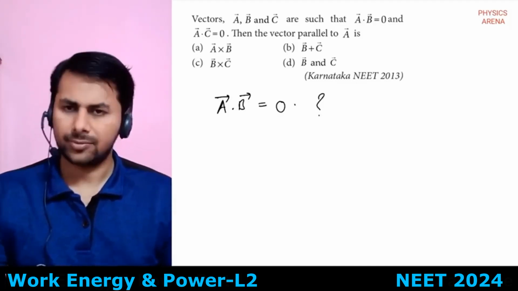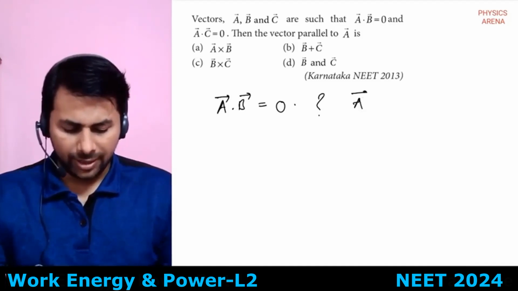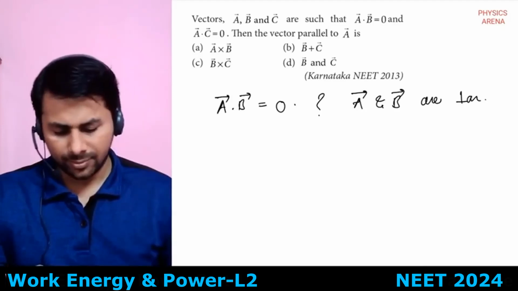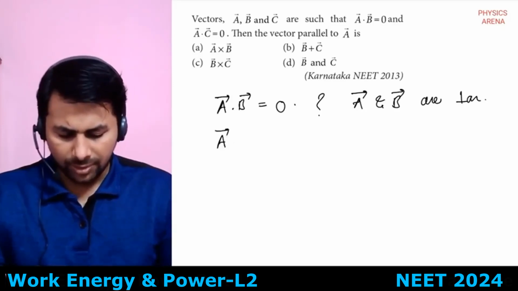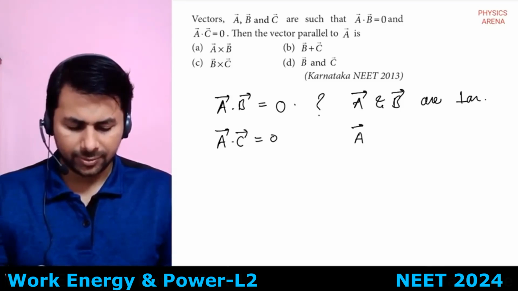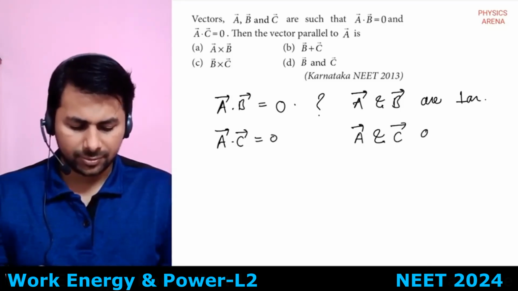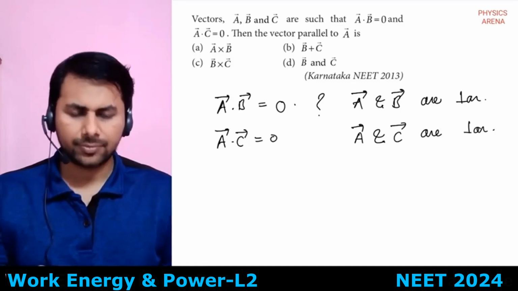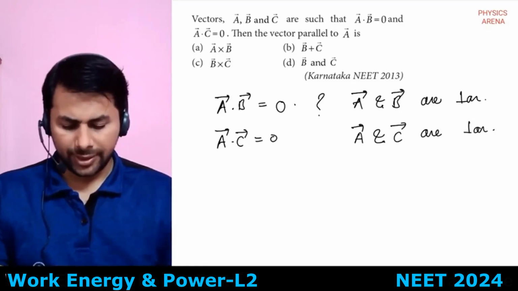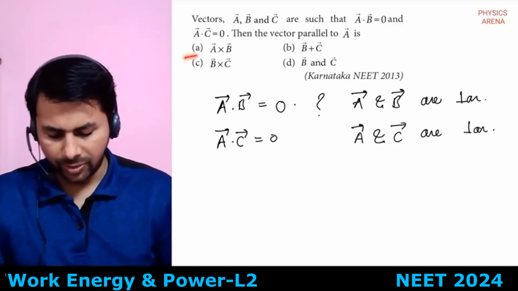Means what? Right. So a bar and b bar are perpendicular. And you have a bar dot c bar equal to 0. That means a bar and c bar are also perpendicular. Right. So then can you guess what will be the answer?